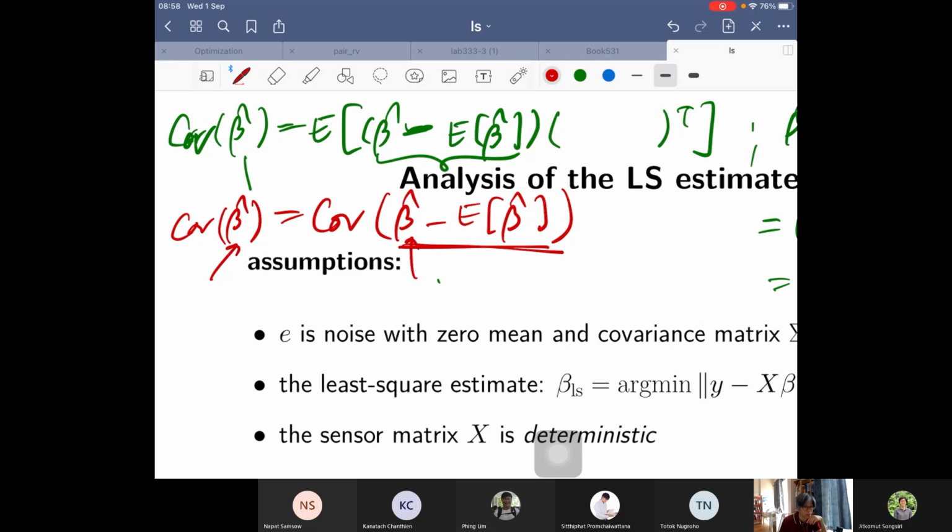Are they the same thing? Yes. They are the same thing, right? No? Yes or no?